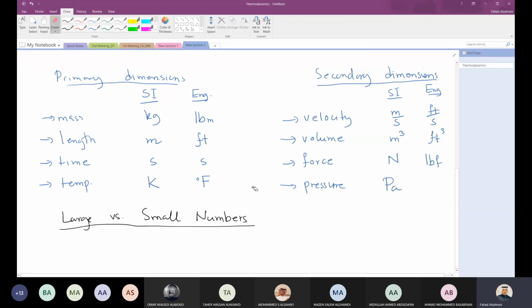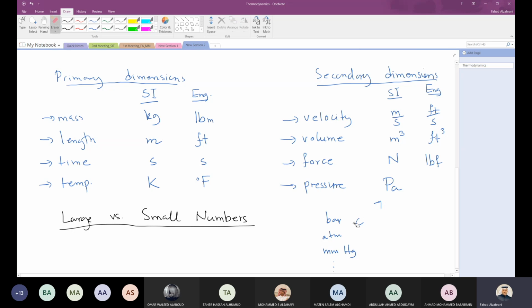for the pressure. Then you have other pressure units, for example bar, atmosphere, maybe millimeter mercury, etc. All of these are just different units that you can convert between Pascal and these units.